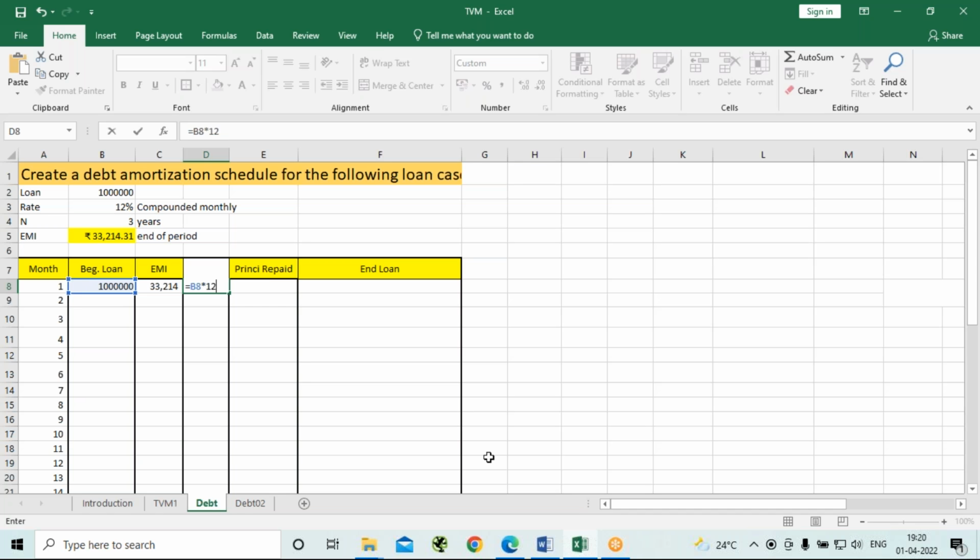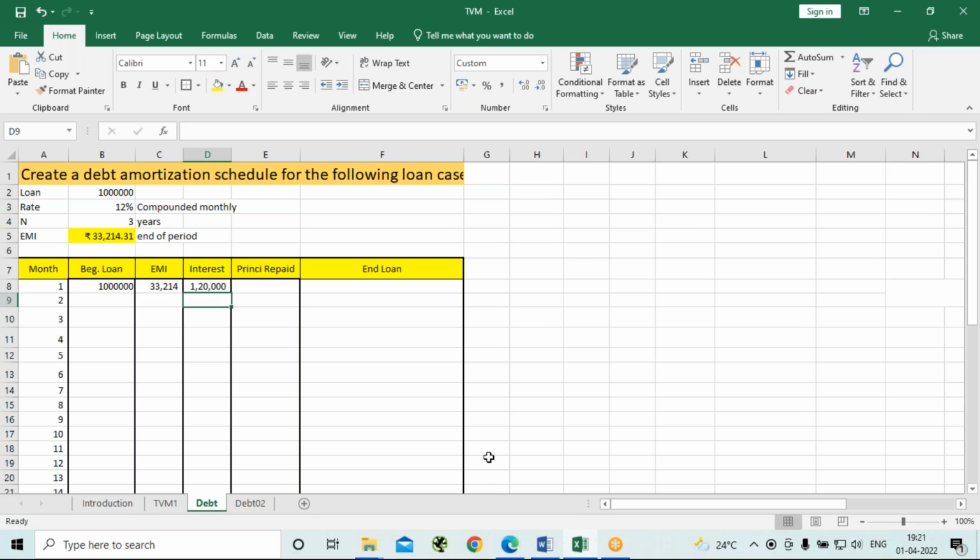It is 12%, and press enter. Okay, so it is equals to beginning amount into 12% divided by 12. So it is going to be 10,000.